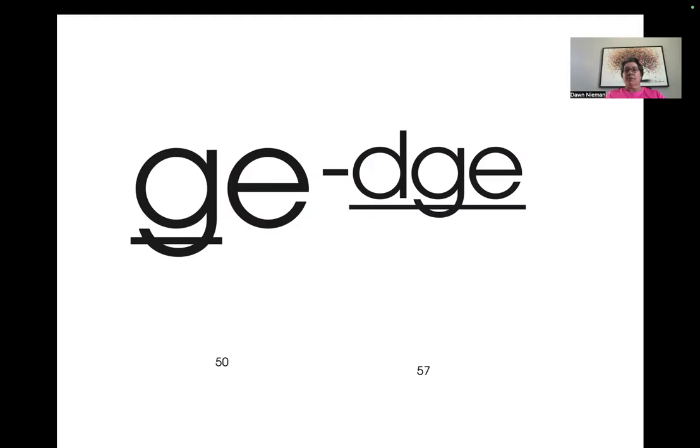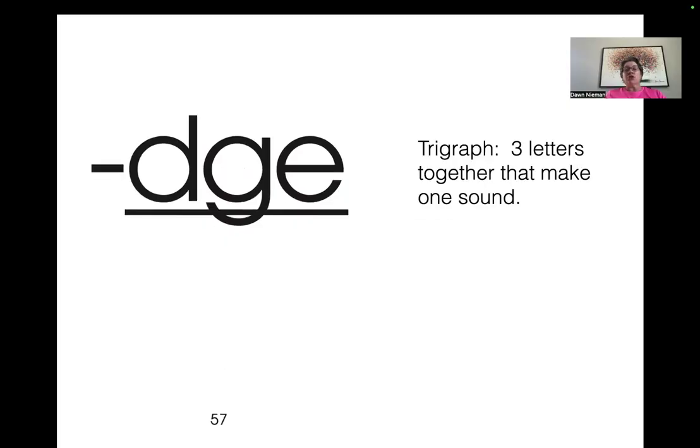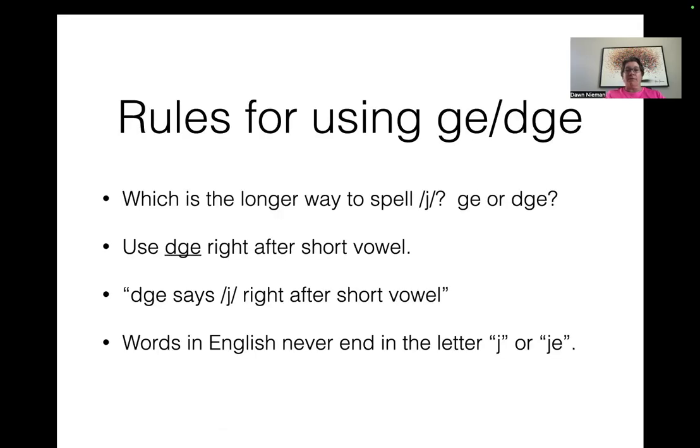I am absolutely in your auditory drill going to ask you what are the three ways to spell J. J is first, then G, G with an E, and now this DGE. It is a trigraph because it's three letters together making one sound instead of being a digraph.